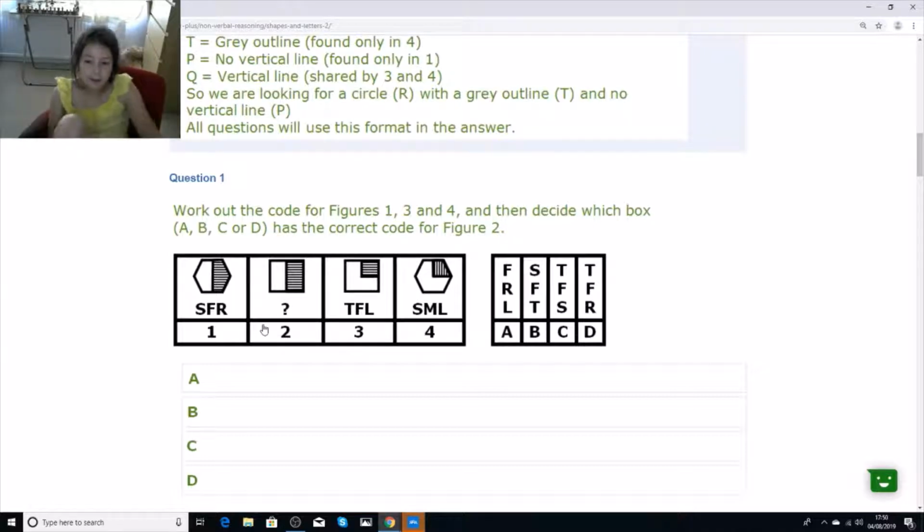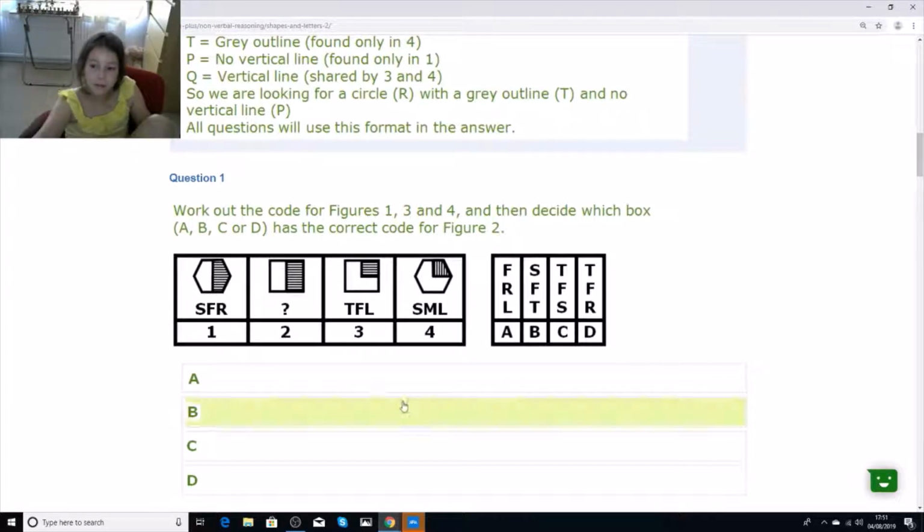Basically, it is a square, so it must be T. Also, the shading is horizontal like the rest except 4, so it must be F. So we have already got the first 2 letters, which are T and F, which can be C or D. And the last characteristic must be R, because half of the shape is shaded in.